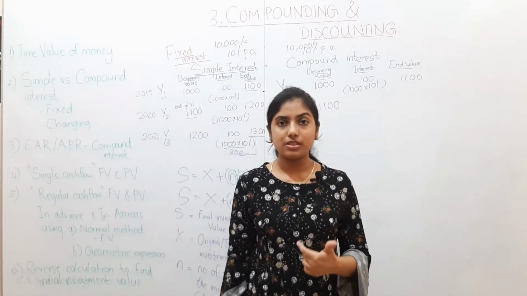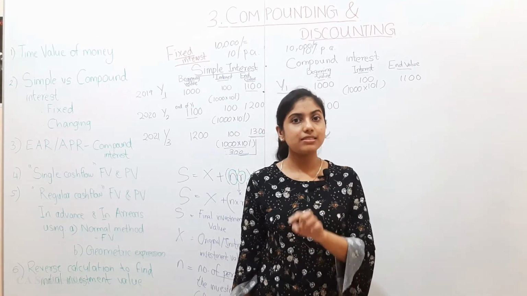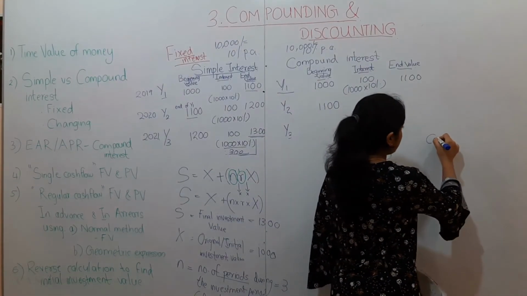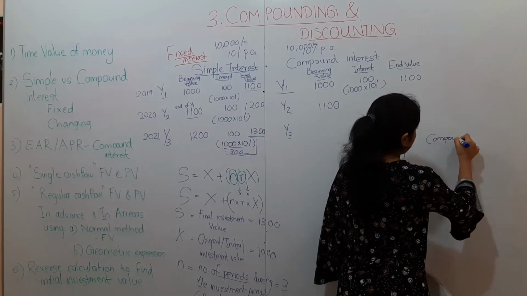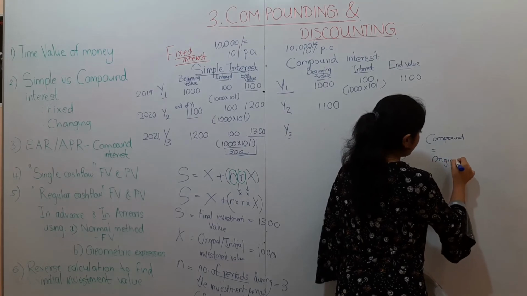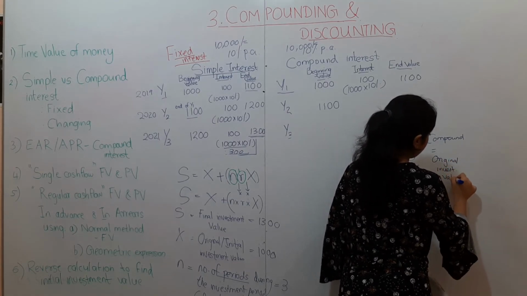Compounded investment value equals original investment value plus interest.